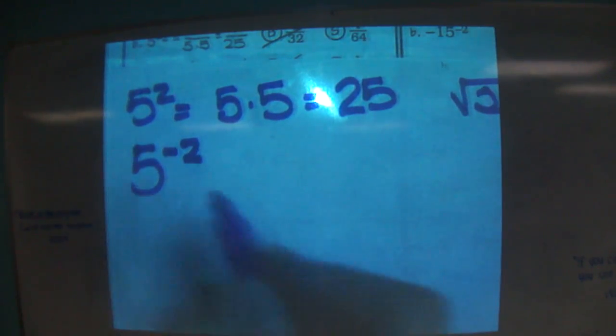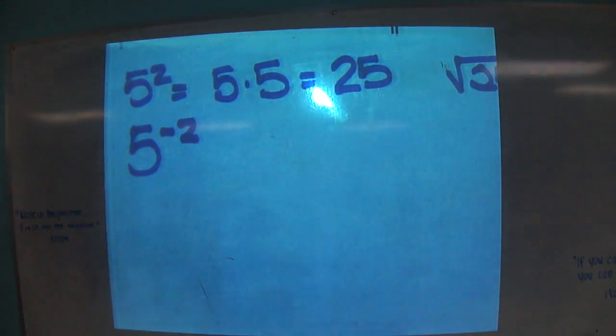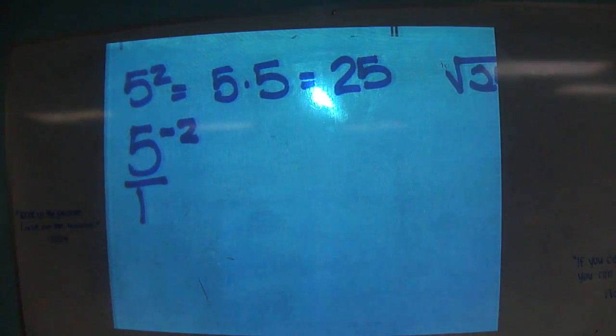So, what's the denominator for 5? 1. Okay, so we have 5 over 1 to the negative second power. Poor 5 is in the top bunk. 5 is afraid of heights. 5 does not want to be in that top bunk. So it's negative. It's really upset.